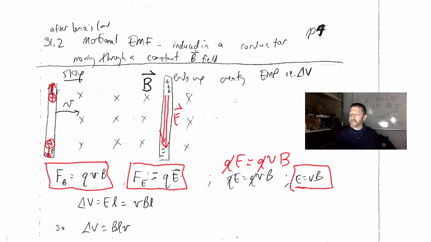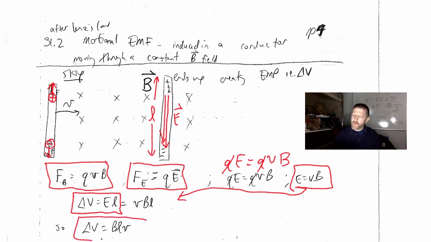So what we get is the delta V. There's a voltage difference between the top and the bottom. The voltage difference is just negative Ed, and the magnitude is E times L. This is length L; I should have mentioned that. So delta V is negative Ed, and our distance is L, so our voltage difference magnitude is E times L. Putting in the electric field from above, here's our bottom line: the voltage difference from top to bottom of this thing is BLv.